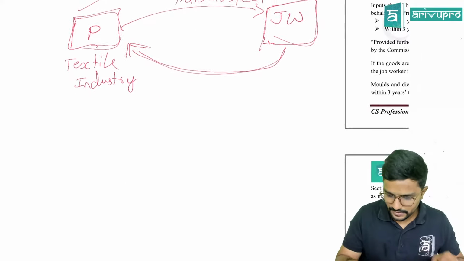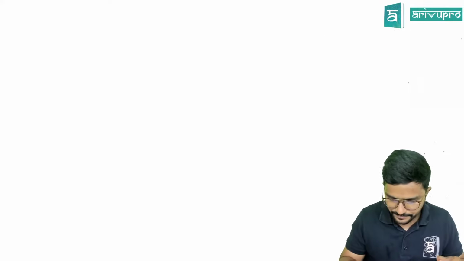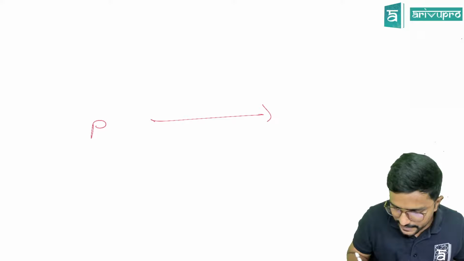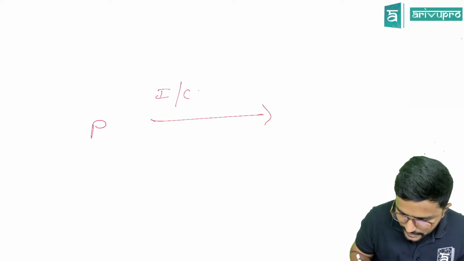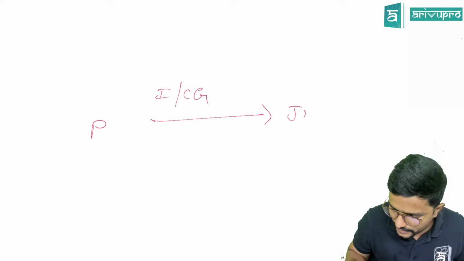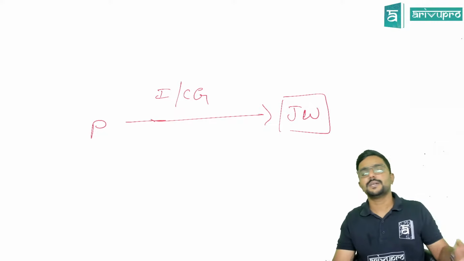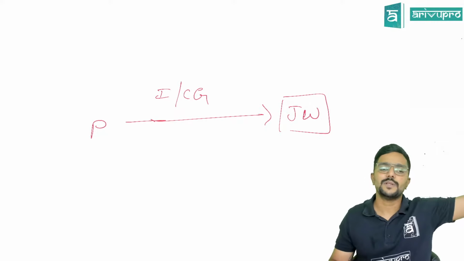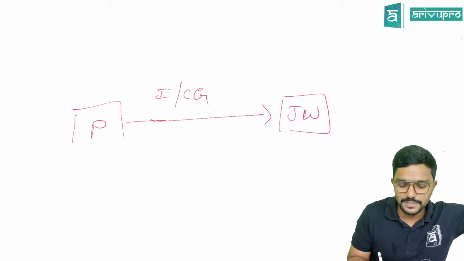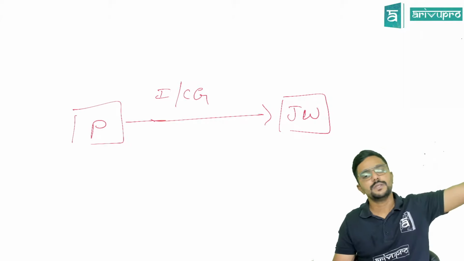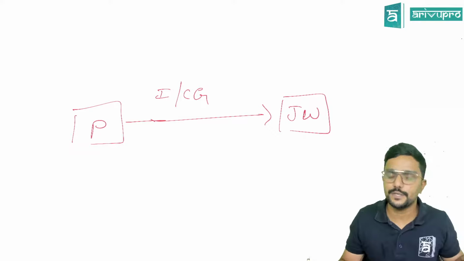Let me explain it here. Please pay attention. The principal is sending inputs or capital goods to the job worker to do some job work. So the goods, or the capital goods, belong to the principal.